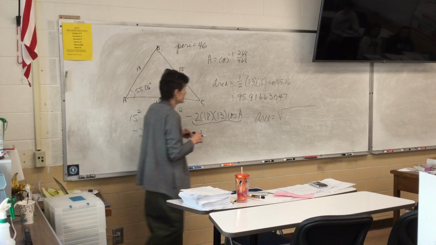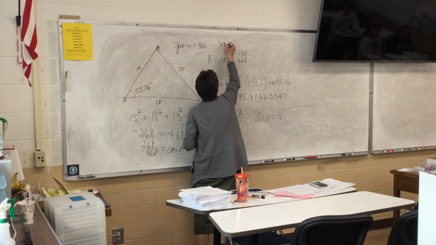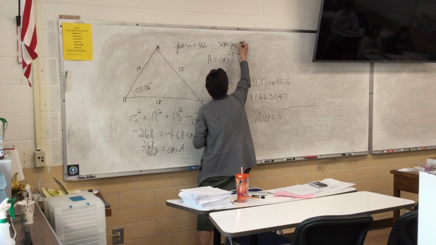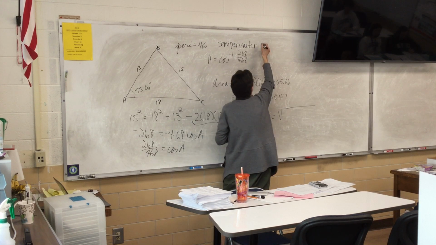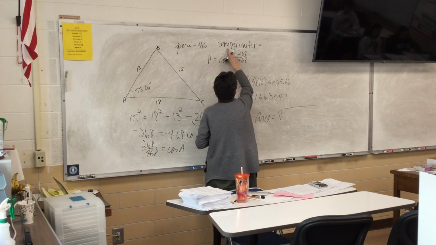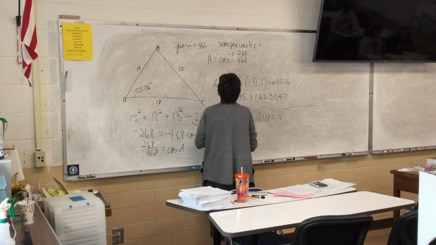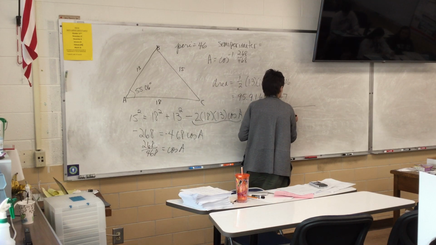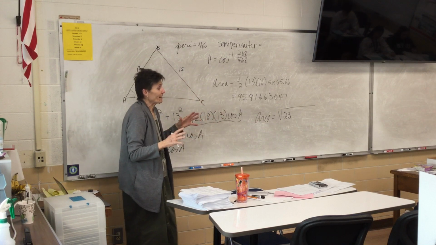If the perimeter is 46, the semi-perimeter would be what? What do you think we mean by semi-perimeter? What's a semicircle? Half the circle. What's a semi-perimeter? Half the perimeter. So my semi-perimeter is 23. This area formula is a radical.